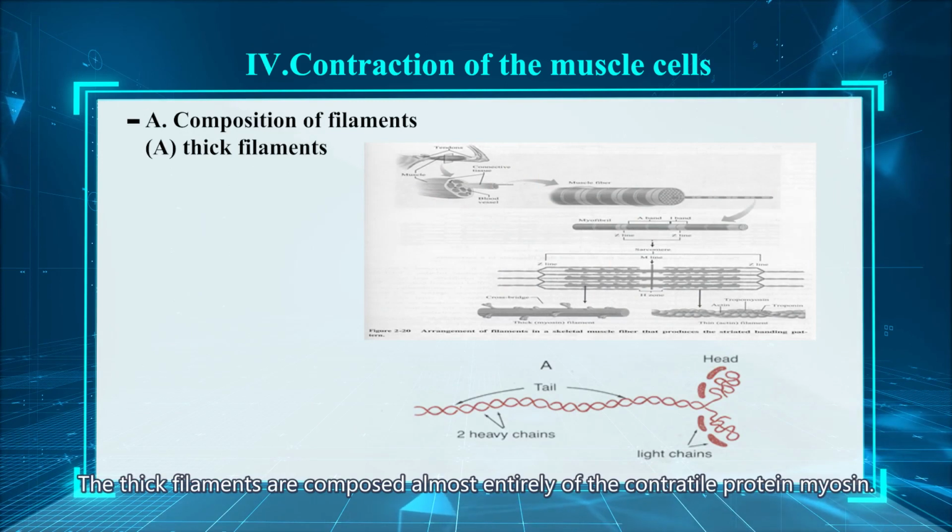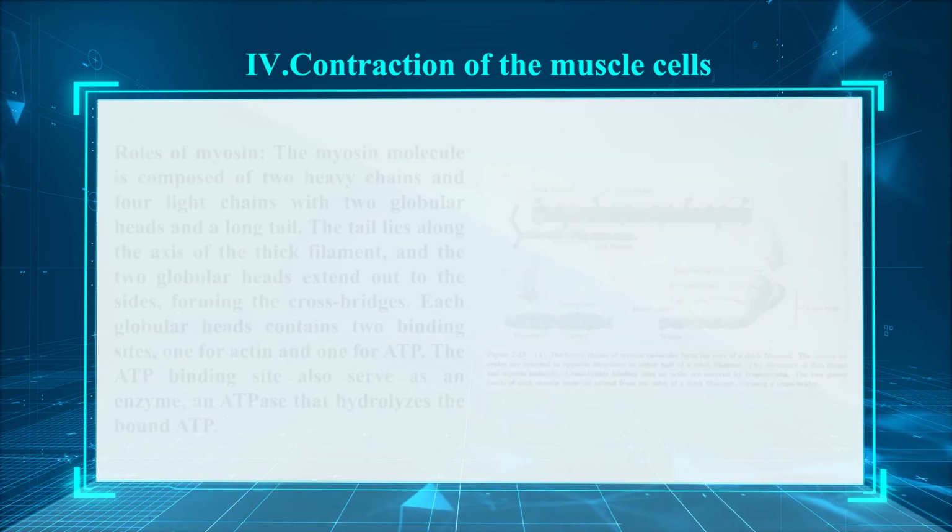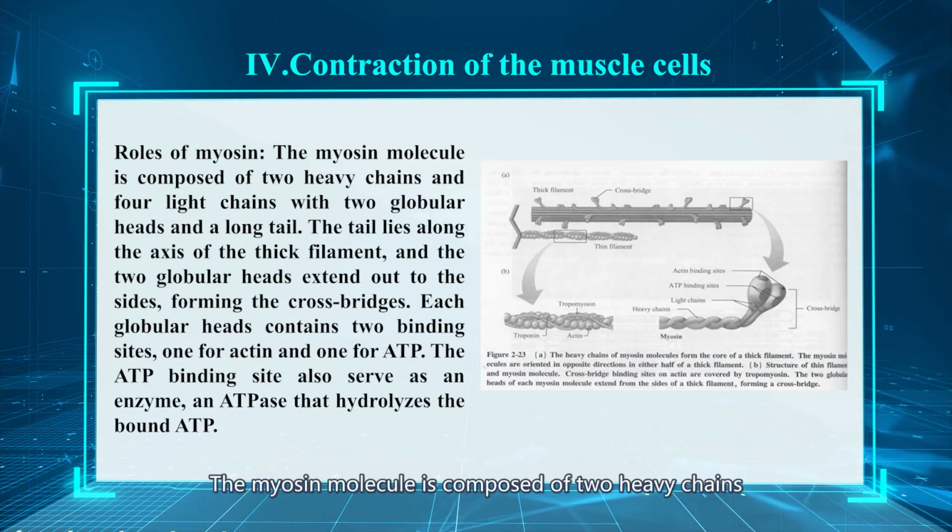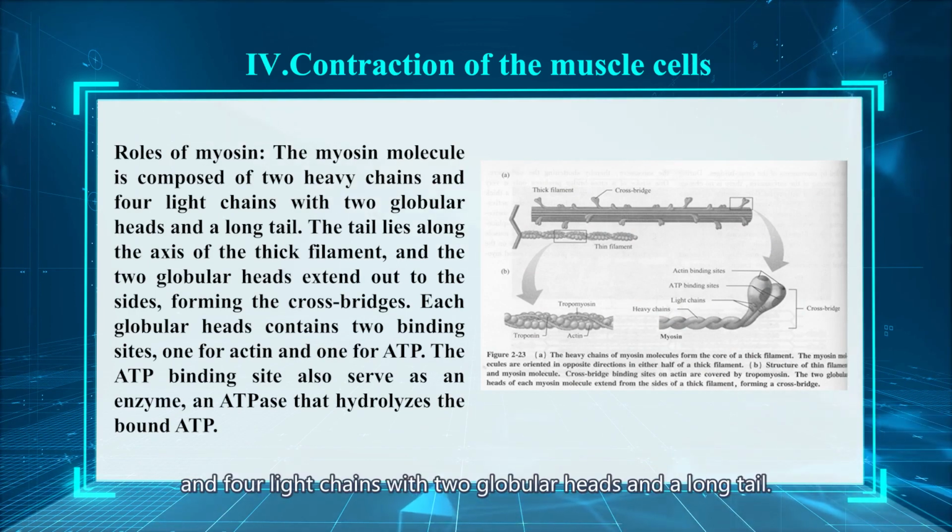The thick filaments are composed almost entirely of the contractile protein myosin. The myosin molecule is composed of 2 heavy chains and 4 light chains, with 2 globular heads and a long tail.